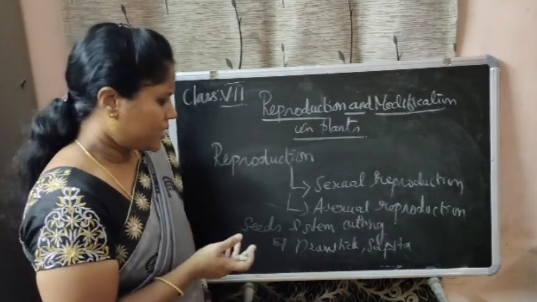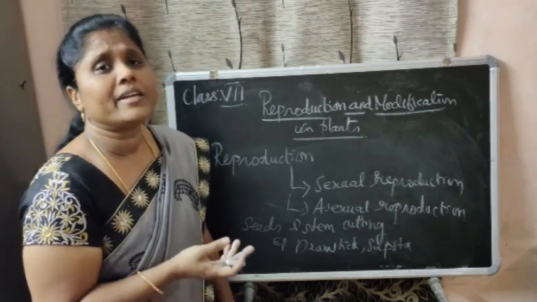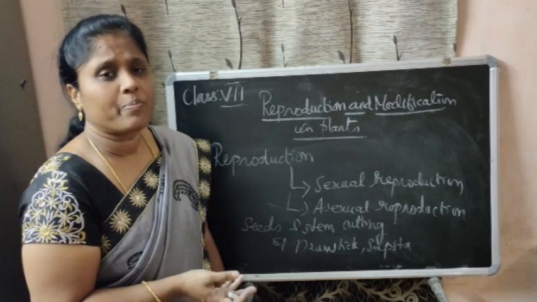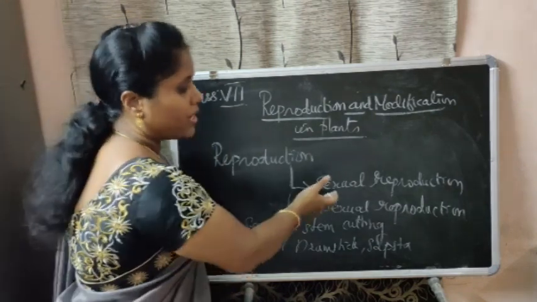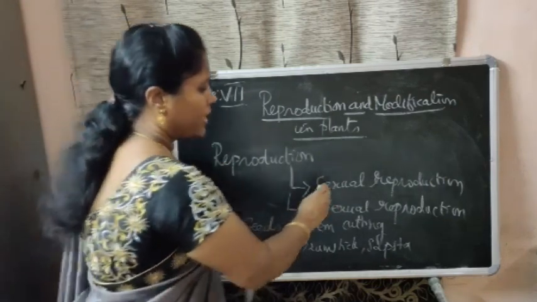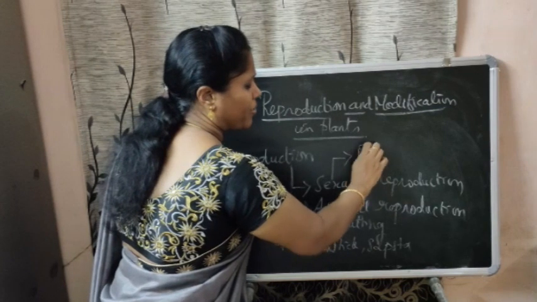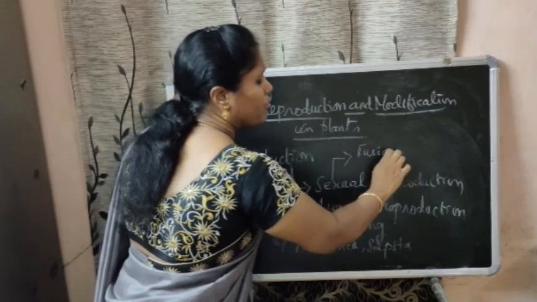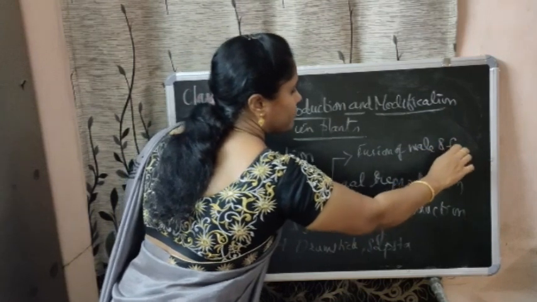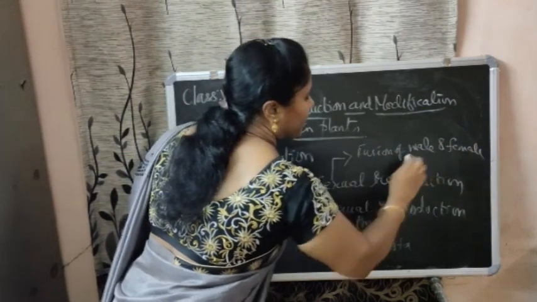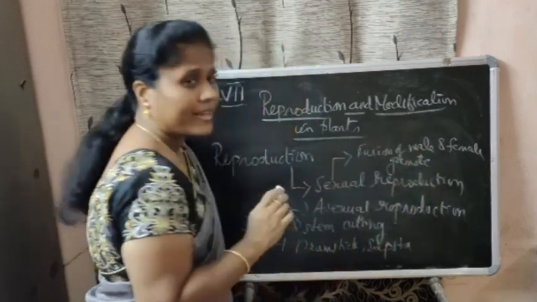The seeds which are produced by means of pollination and fertilization are called sexual reproduction. Usually sexual reproduction involves gamete formation, that is, fusion of the male and the female gamete.